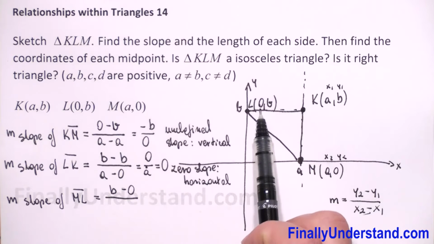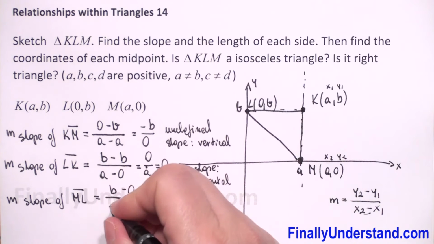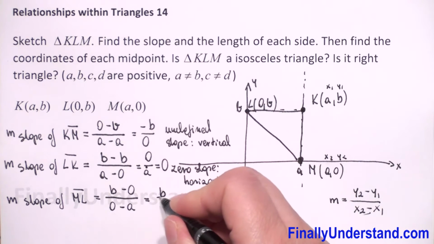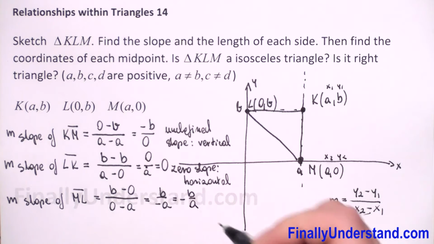L is last, so we have 0 minus A. So this is equal to B over negative A, so this is negative B over A.